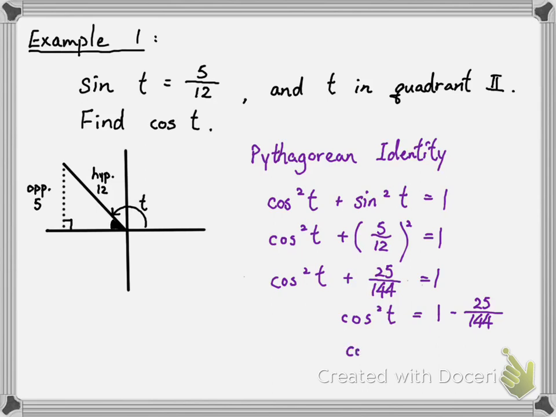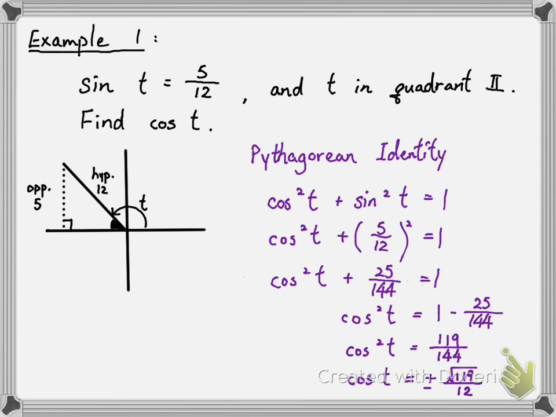We find that cosine squared t equals 119/144. So now when we take the square root on both sides, we will have positive and negative. Taking the square root of 119 is square root of 119, and taking the square root of 144 is 12.